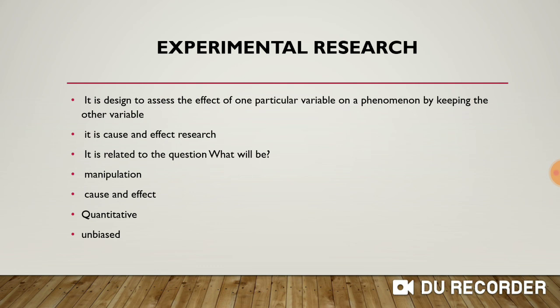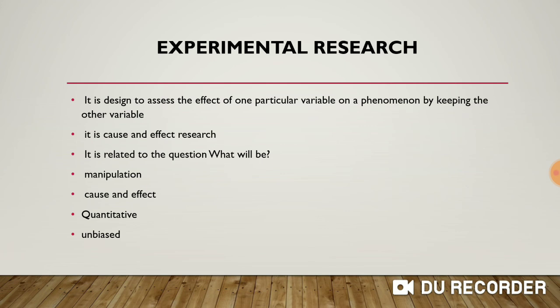Okay, so in the case of experimental research, the researcher needs to undertake experiments regarding variables or the impact of one variable on another. There are many important points to consider under experimental research: manipulation, it is cause and effect research, there is a quantitative approach, it is always unbiased, and it is more controllable by the researcher.